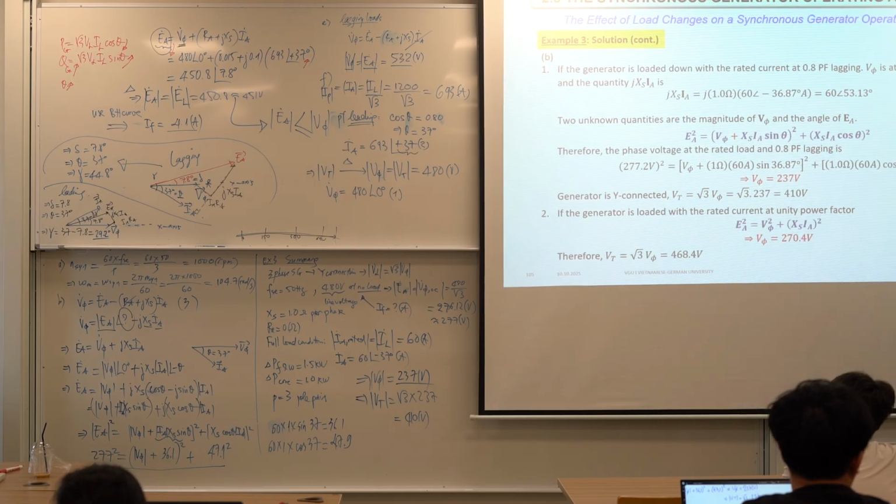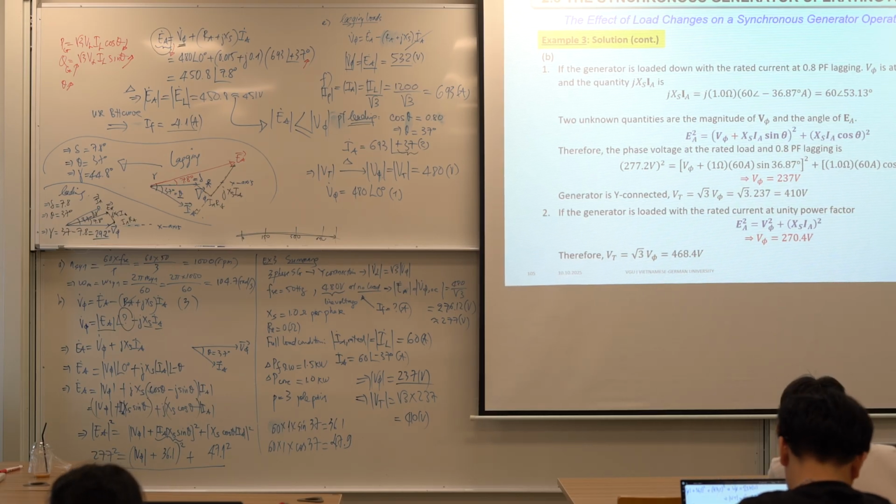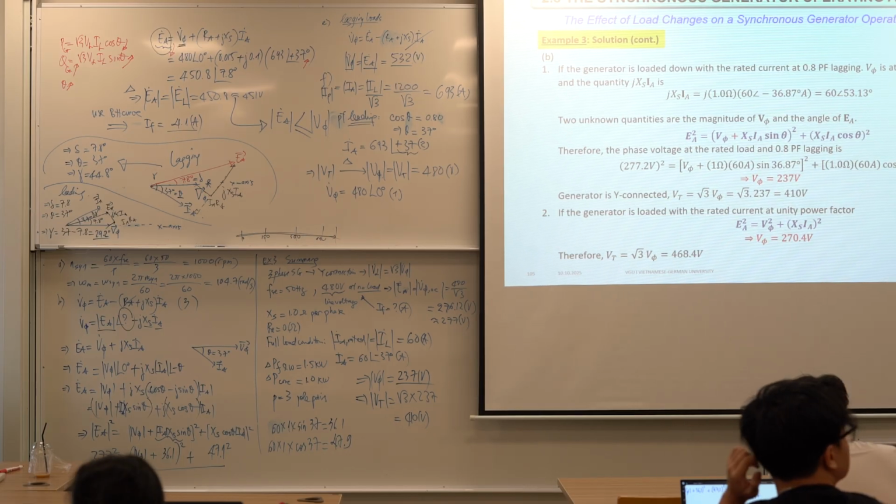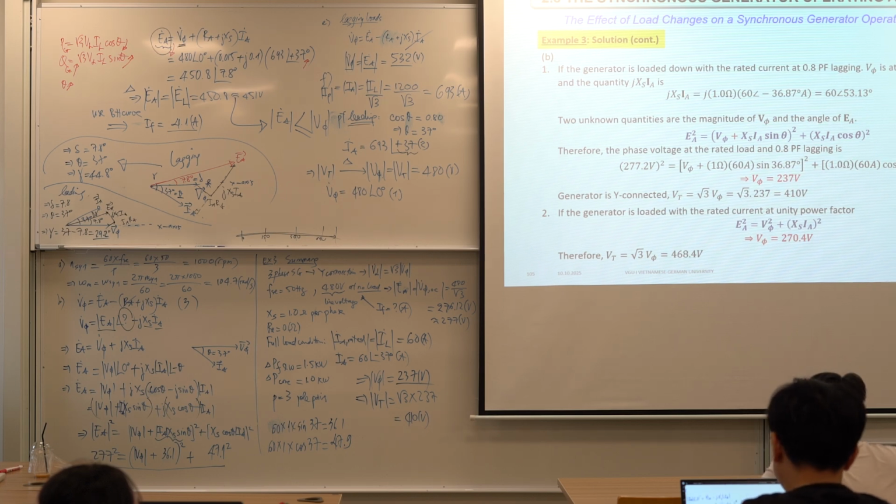Of course, if we consider this one, some mistake. Why? Because this is complex, right? Complex does mean we have EA with the phase angle minus j XS IA, right?